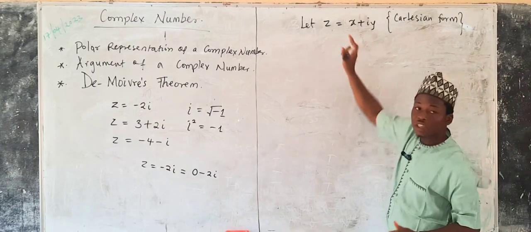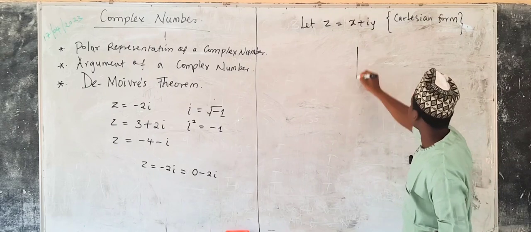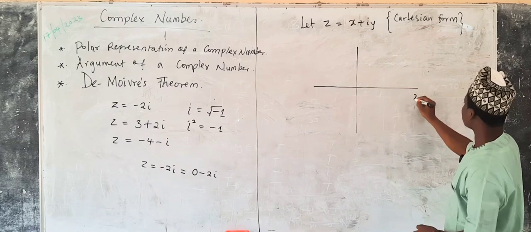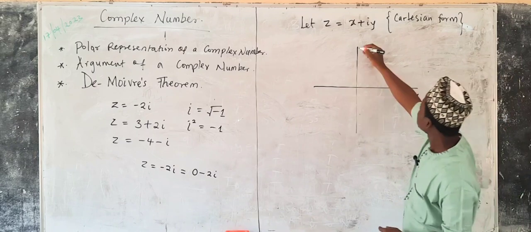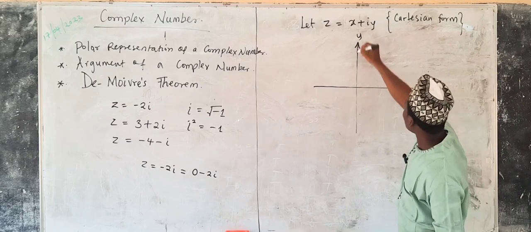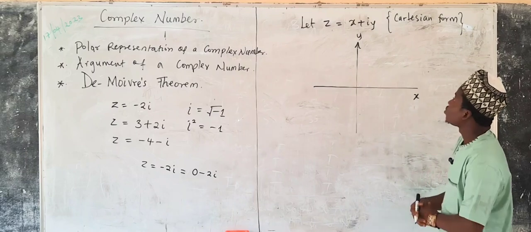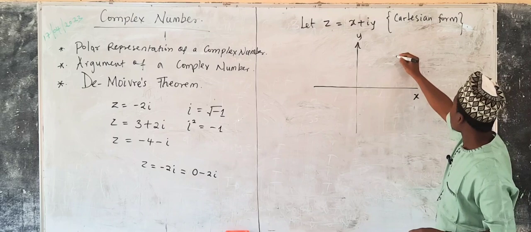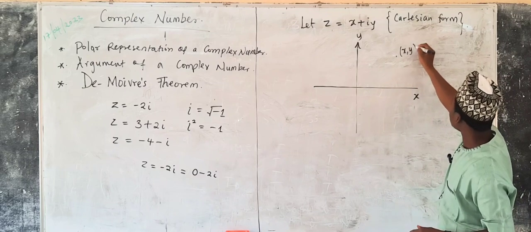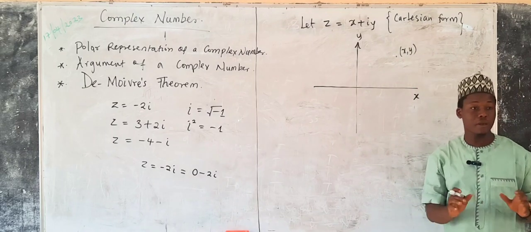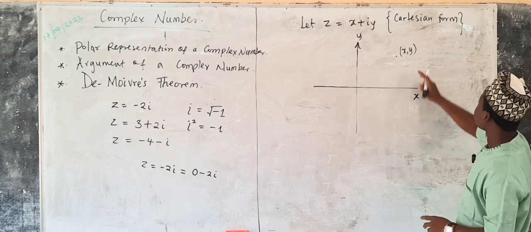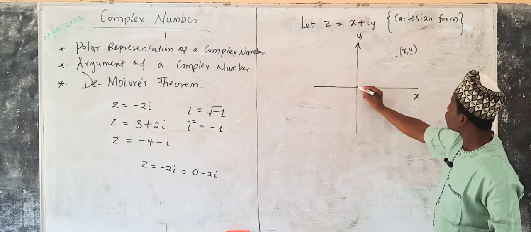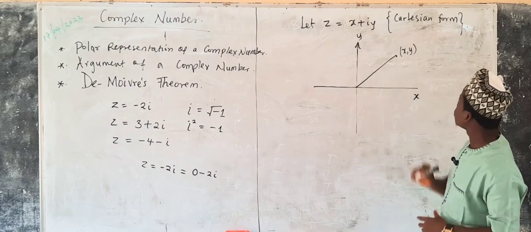Now, representing this in the graph, here is the x-axis and here is the y-axis. Representing a complex number in a plane, we have it as x, y, because a complex number can be written as a pair. If this is the point x, y, then we have a distance from the origin up to this point.